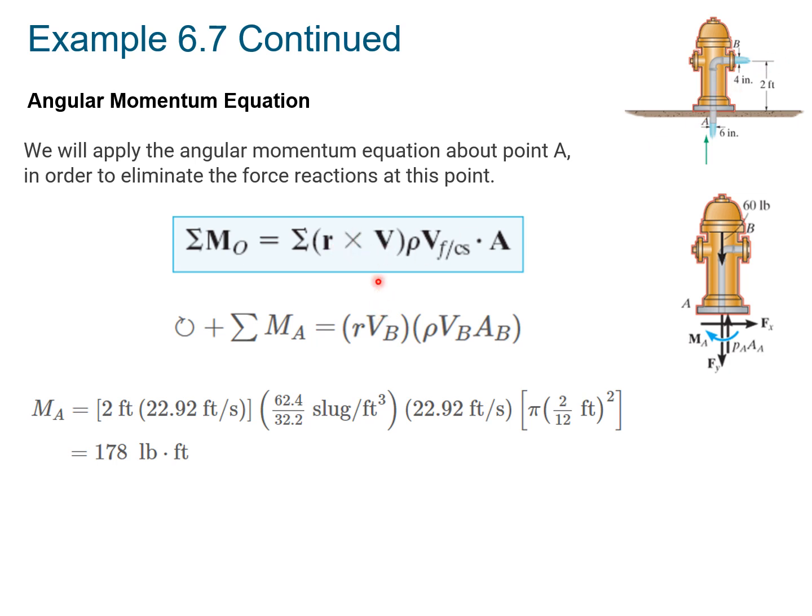Sine of 90 is 1, so we don't really have an angle here. The density, V_B, times area at B. So we can plug those quantities in. We can calculate that the moment is 178 pound-feet at A. It's what we found here.